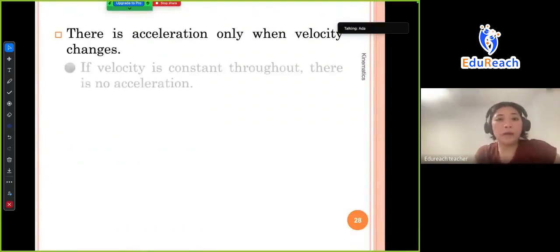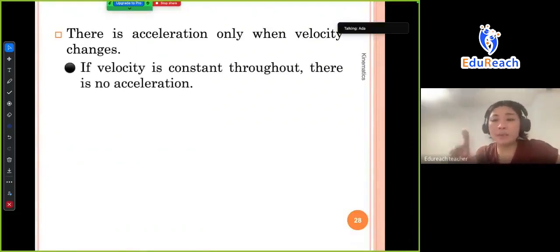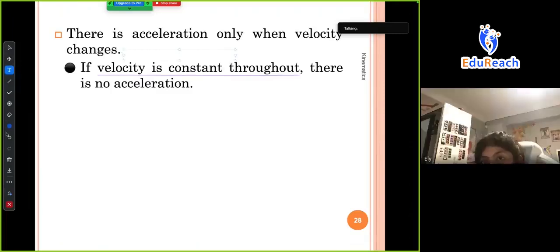There is acceleration only when velocity changes, again either increase or decrease. So if velocity is constant throughout, there is no acceleration. Can you tell me what you understand when they say velocity is constant throughout? What do you understand by that phrase? Velocity is constant throughout. There's like no change.